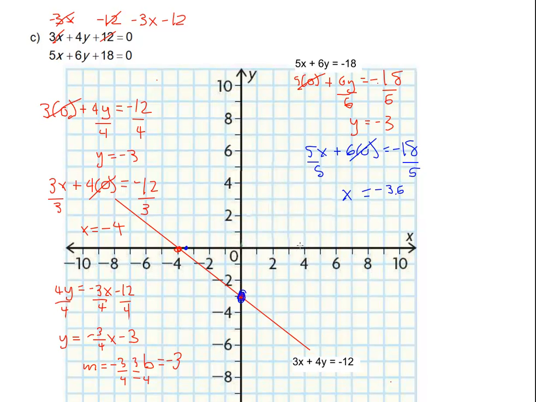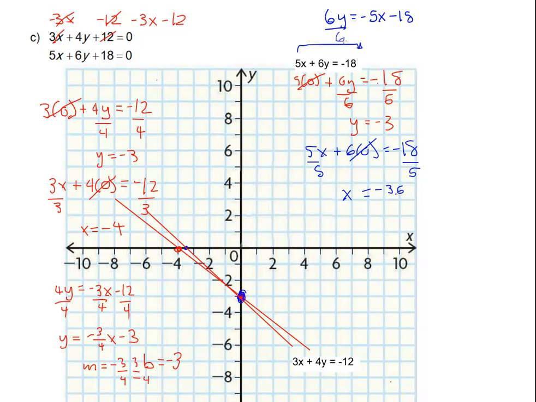Of course, if you want to put it in y equals mx plus b form, that would be more accurate. And let's do that. So if we were to isolate for y here, all I really would need to do is rearrange and take this 5x over. So I would have 6y equals negative 5x minus 18.